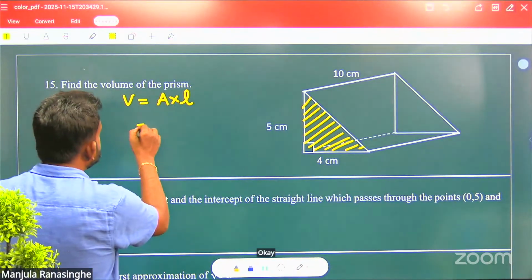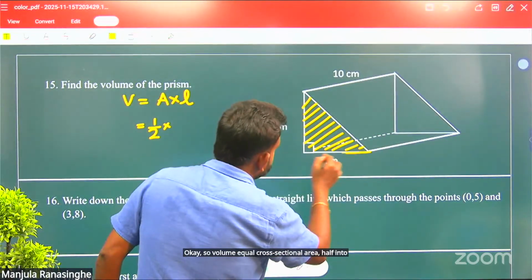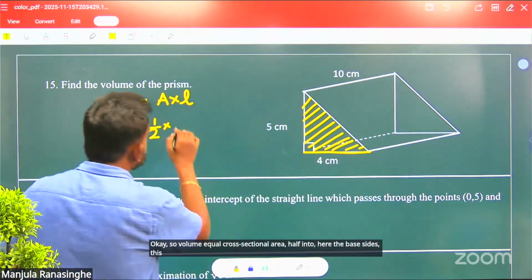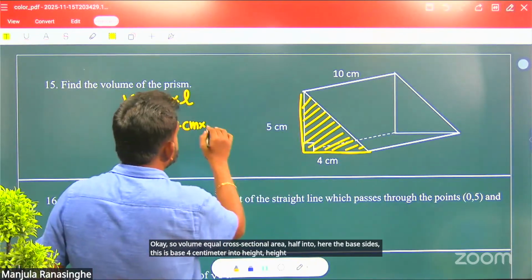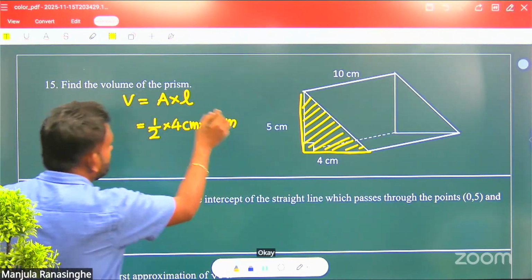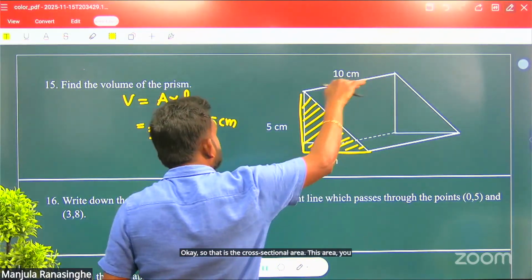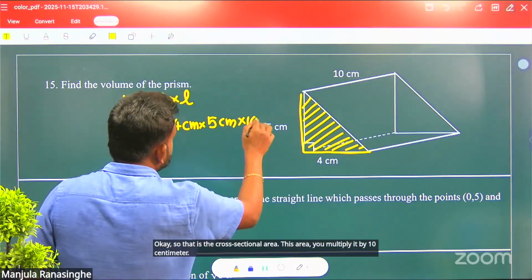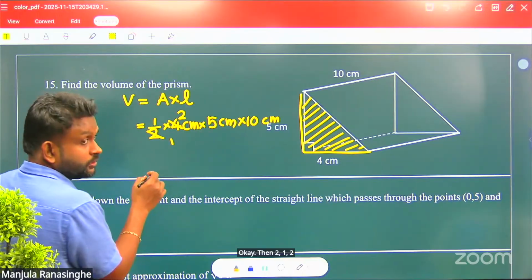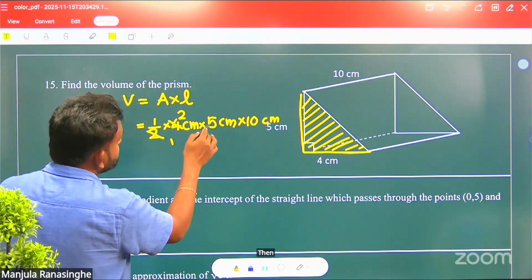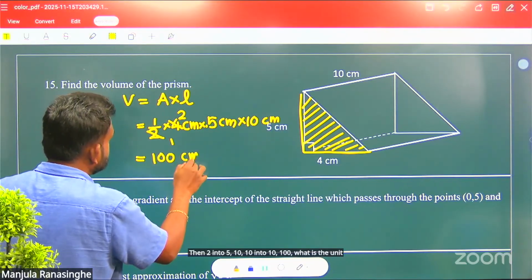So volume equals cross sectional area, half into base 4 centimeters into height 5 centimeters, then multiplied by 10 centimeters. Then 2 into 5 is 10, 10 into 10 is 100. What is the unit? Square centimeters.